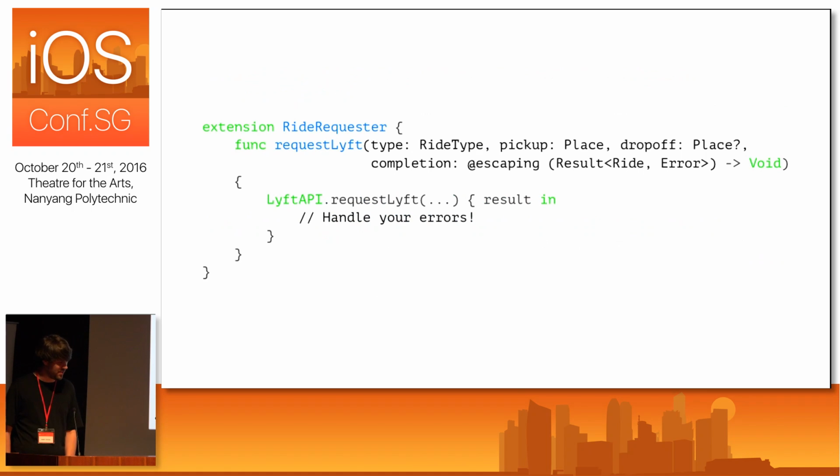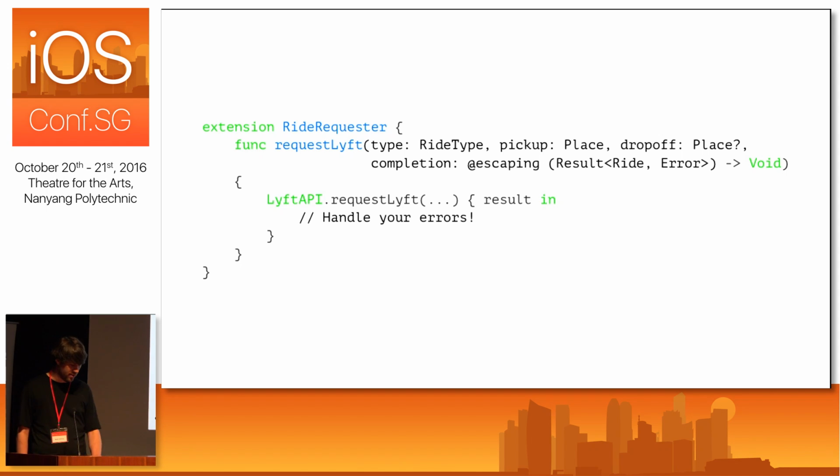And of course, this is where we finally get to protocol extensions. Here we've defined a protocol extension on our RideRequester protocol that actually defines a default implementation for this requestLyft function where we can do all of the work. For us, this could mean validating the user's input on the client side, like can you actually request a ride wherever you're trying to, or can you get dropped off wherever you're trying to. Or it could just mean creating the request, sending it to the server, and handling the errors when it comes back, maybe showing some modals or something like that.